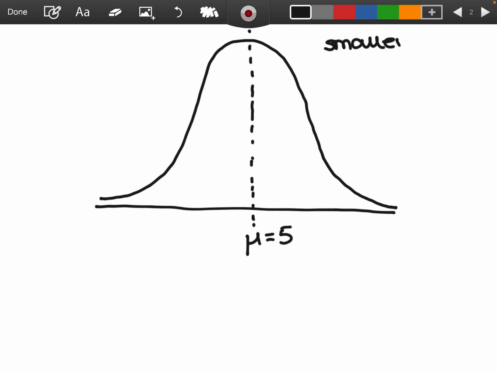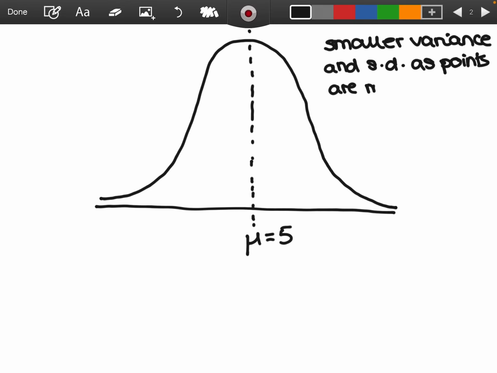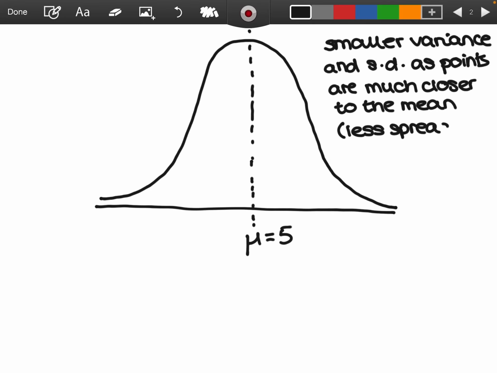So for this curve, I've got a smaller variance and standard deviation as data points are much closer to the mean, which must mean that they're less spread out.